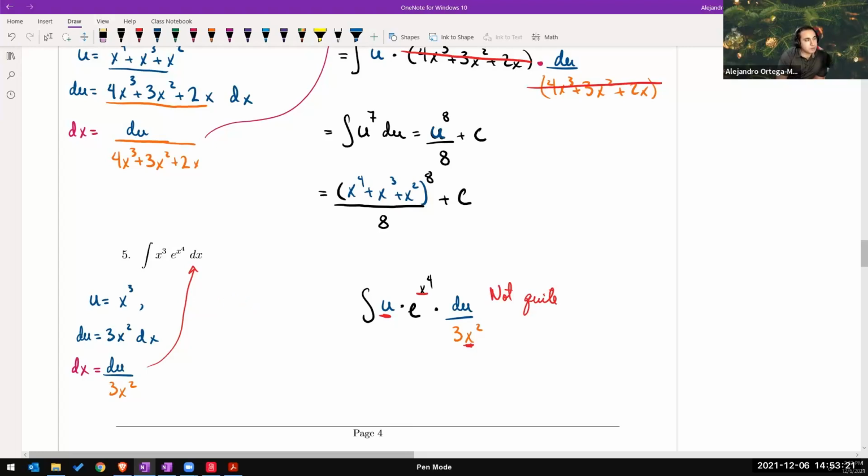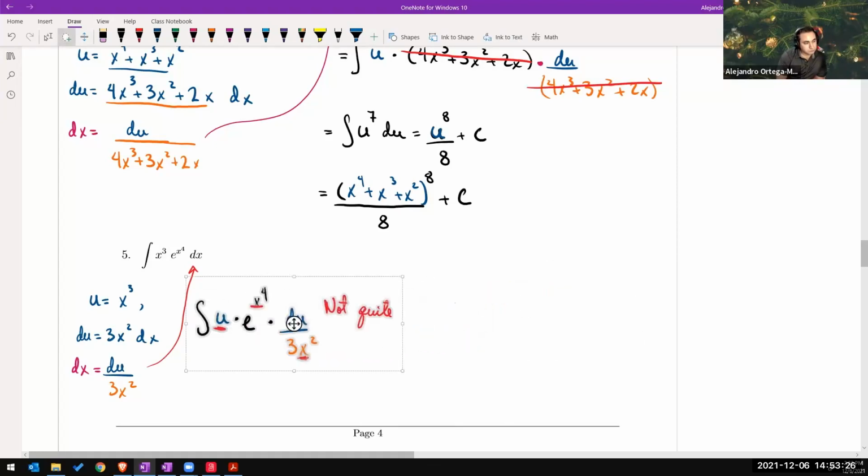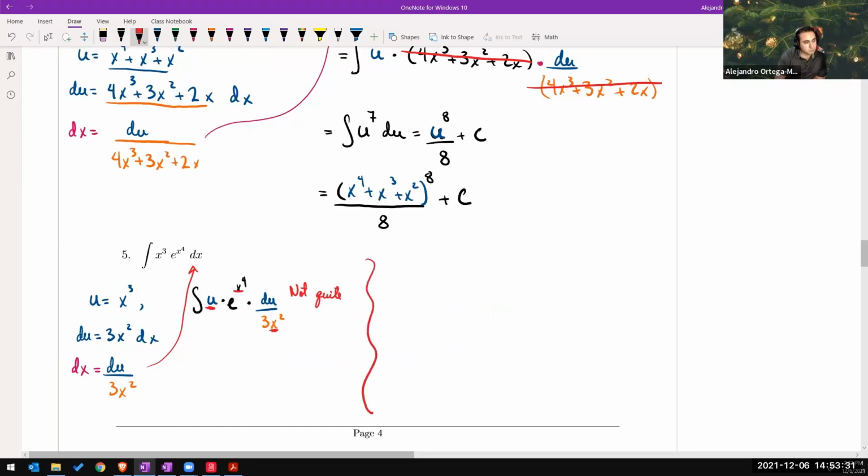So let me try it with the other u. If we let u equal x to the fourth, then the du is going to be 4x cubed dx. We solve for dx, and we'll get a du over 4x cubed. Okay, so let's try it with this substitution.